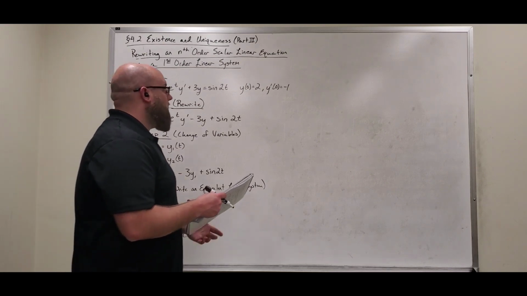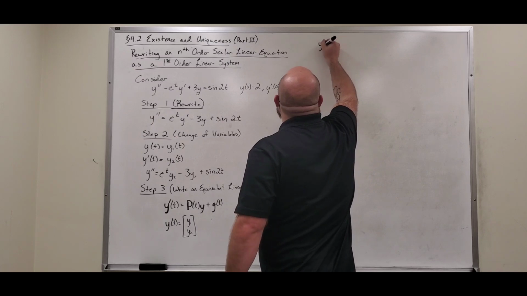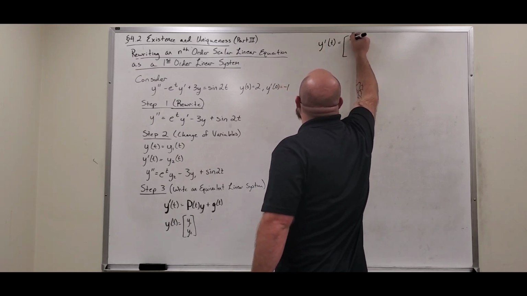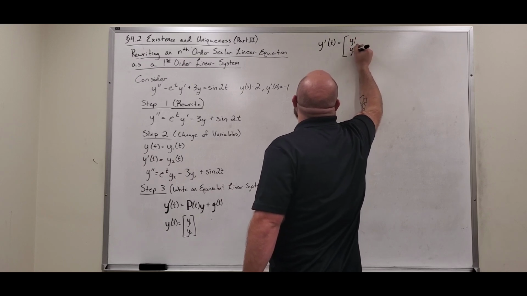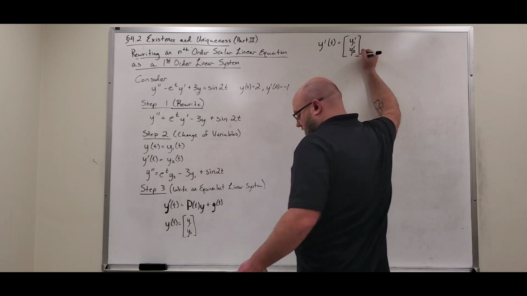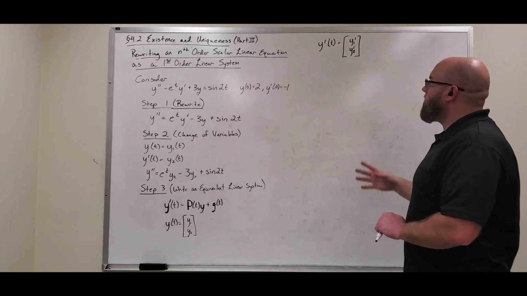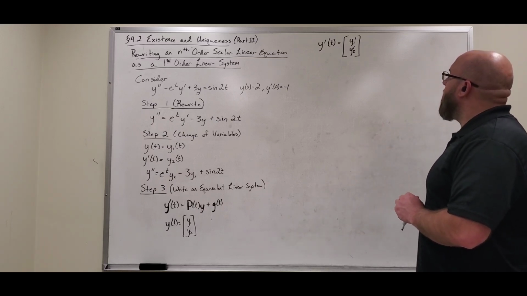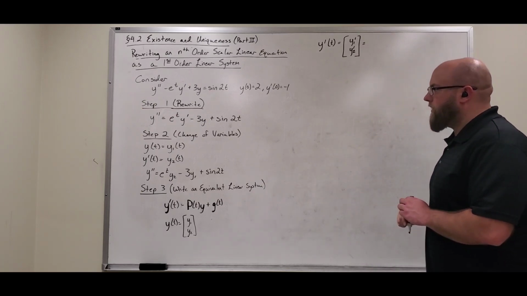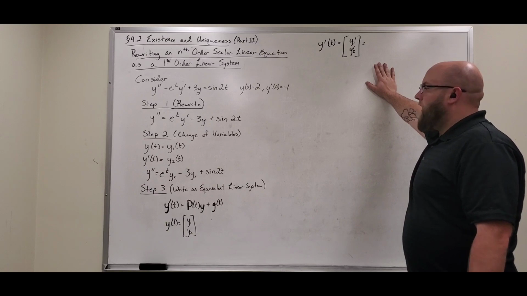So now writing the derivative piece. Y prime of t is equal to the derivative of y1 prime and y2 prime. So this is where we get into representing this. Well, the derivative, let's think about that for a second. The derivative of y1 is y2, isn't it?